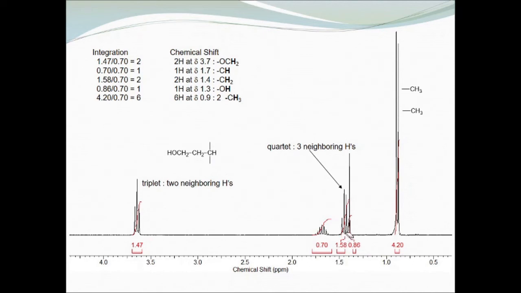So let's look at the next one. We have this peak here, and this one becomes a little more difficult. We definitely have 1 peak in the center, 2, 3, 4, 5, 6, 7.